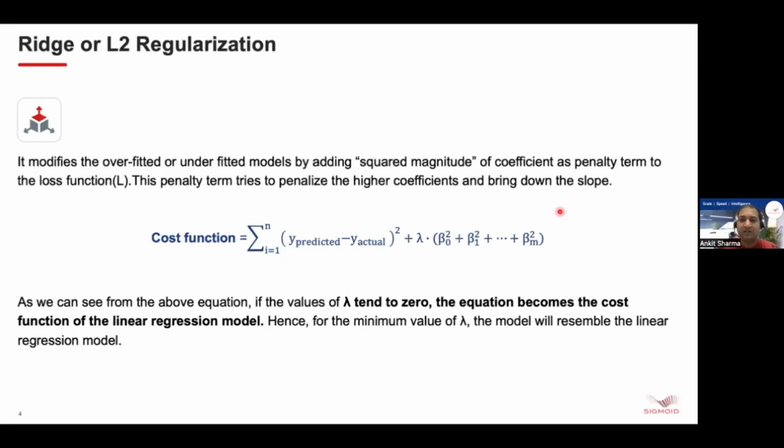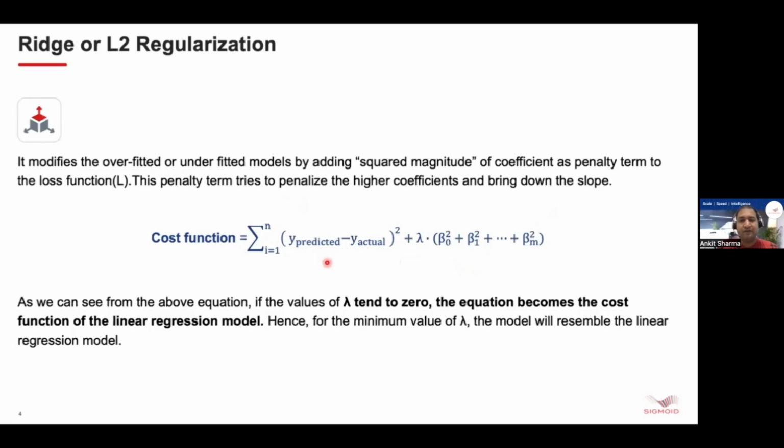It will not make the beta coefficient of the color variable exactly zero. It will try to make it very close to zero. This is what the regularization technique does. One thing to note here: if you keep the lambda value as zero, this penalty term becomes zero, and the remaining term is left for the cost function, which resembles the linear regression model. So this was all about ridge regularization.